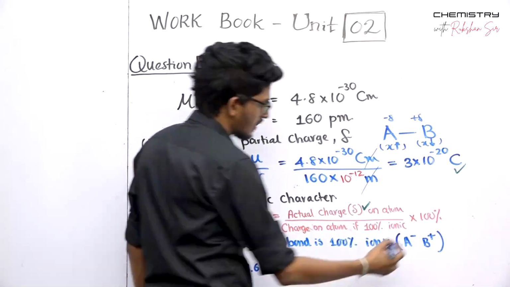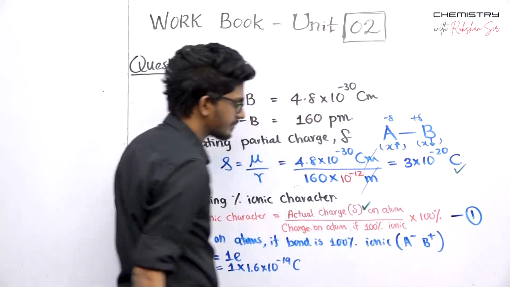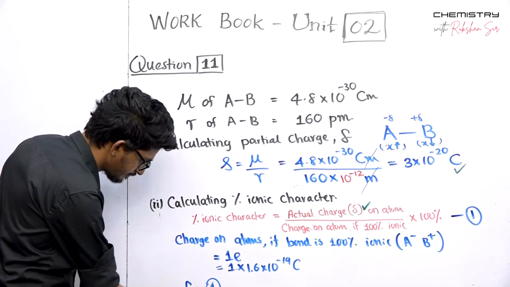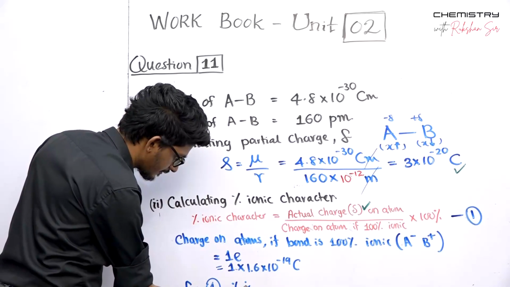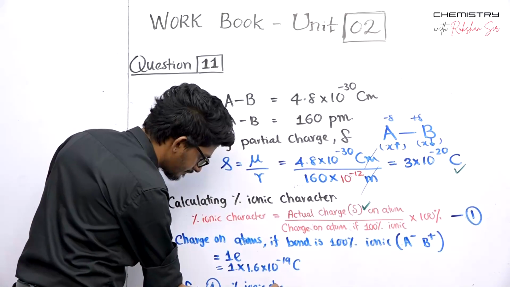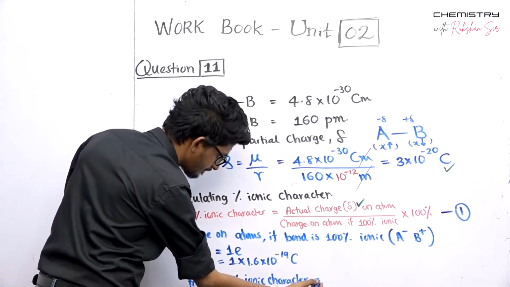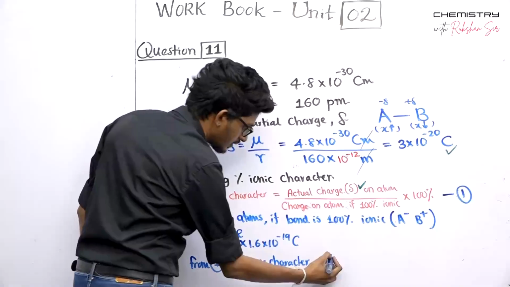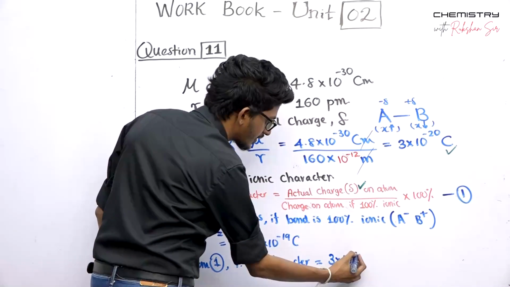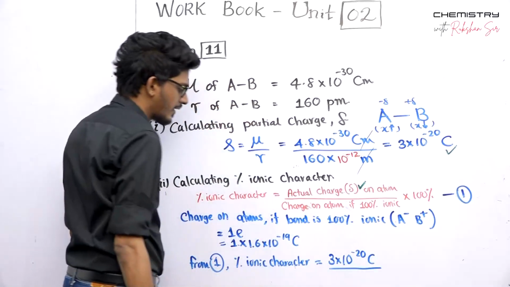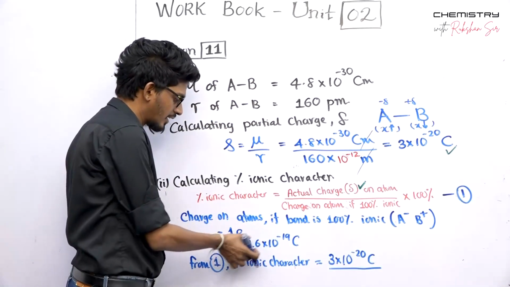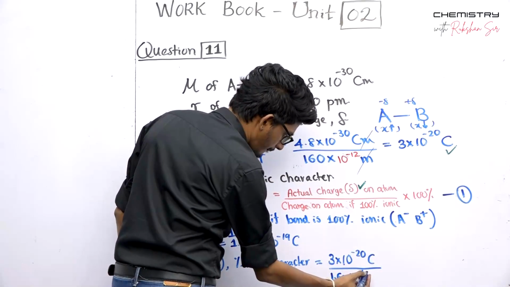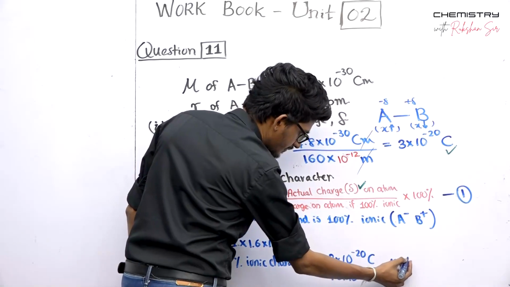So from this we can say the percentage ionic character is equal to the actual charge, the delta value, divided by the charge on an atom if the bond is 100% ionic, this value, into 100.